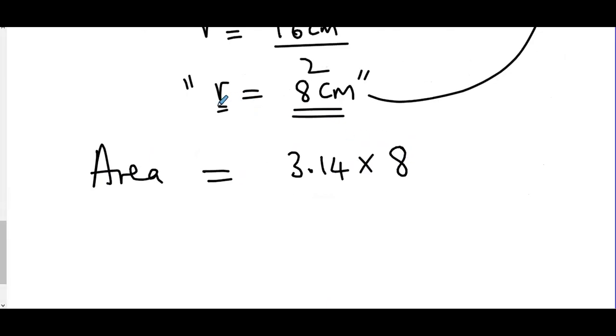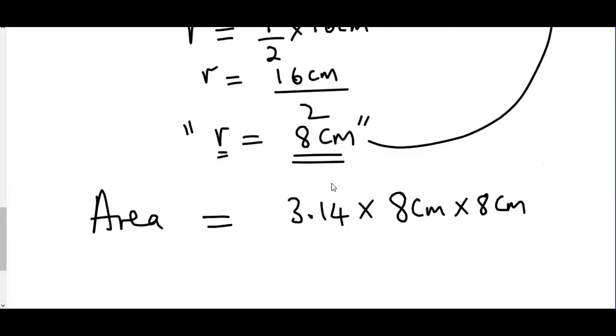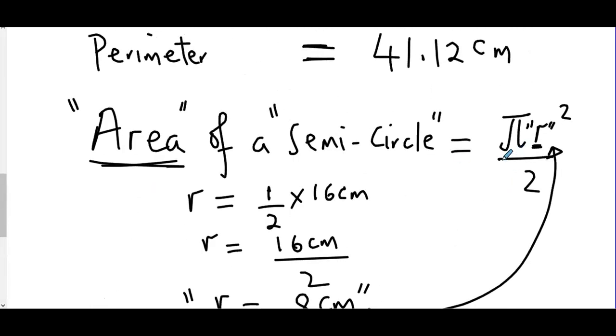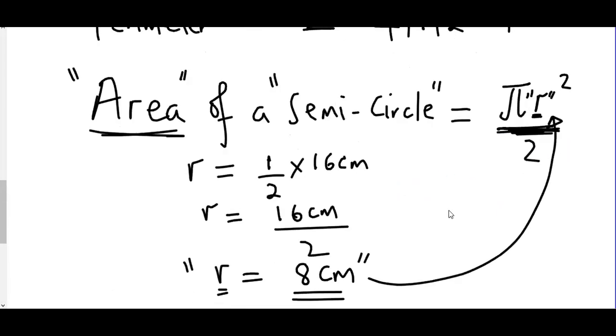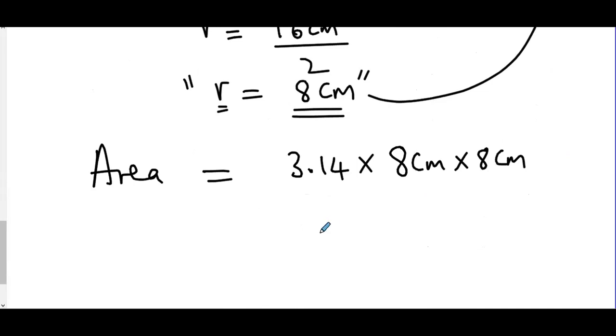But do you know what r squared means? It means 8 centimeters times 8 centimeters, because that is your radius. Then this is your pi r squared. Can you see? But do you know what I'm supposed to do? I'm supposed to divide by 2. So the pi r squared, go ahead dividing by 2, the whole thing.